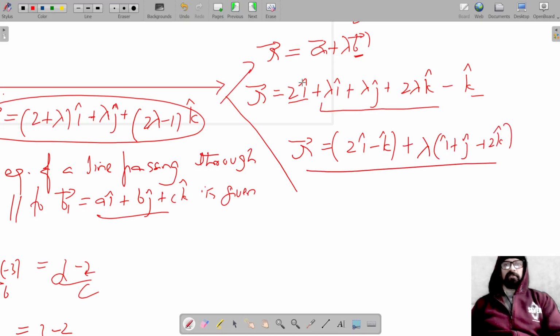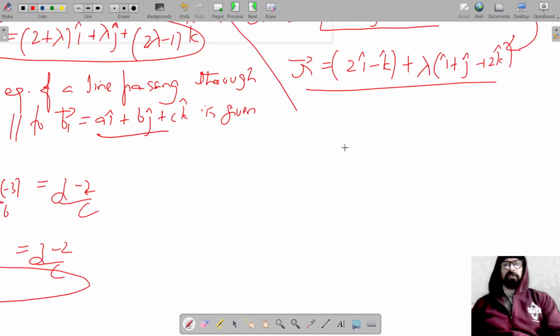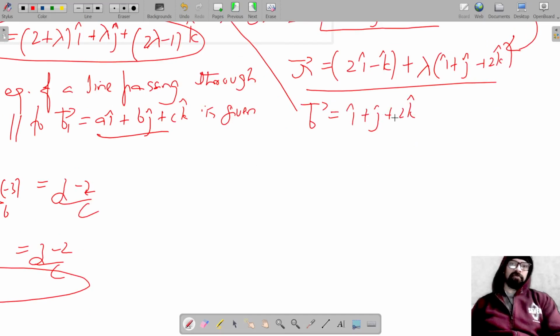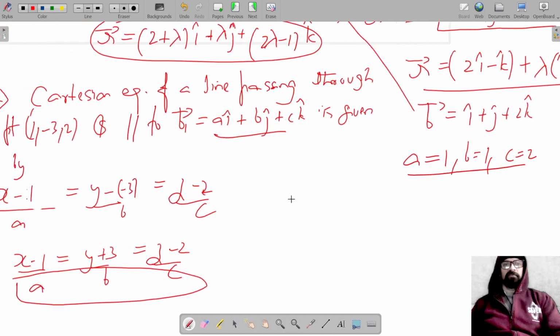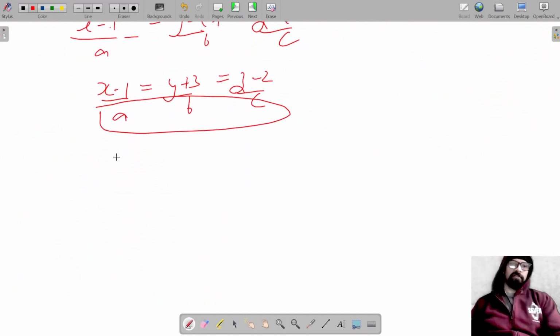If we compare these two equations, it gives me our parallel vector, which is i cap plus j cap plus 2k cap. The direction ratios are A is 1, B is 1, and C is equal to 2. So we have got A, B, C. Let's replace the values of A, B, and C here.